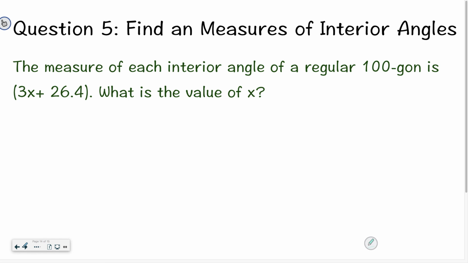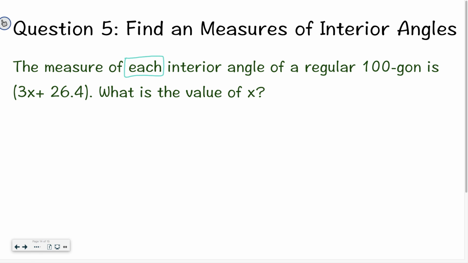Now it's your turn. The measure of each interior angle of a regular 100-gon is 3x plus 26.4. So what is the value of x? This is slightly different because in the last one, you had a picture and they were all different angles.